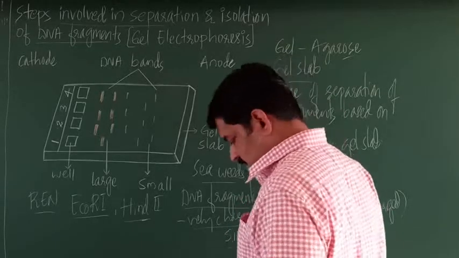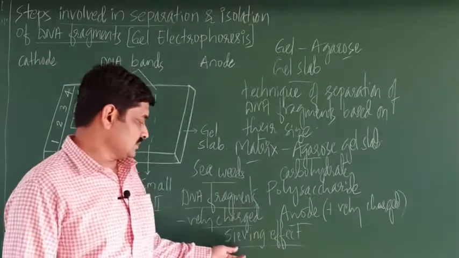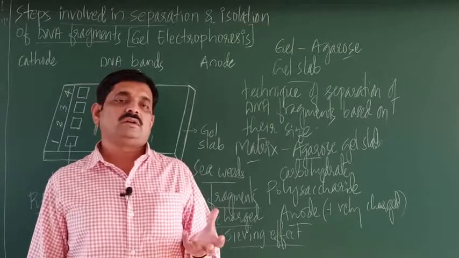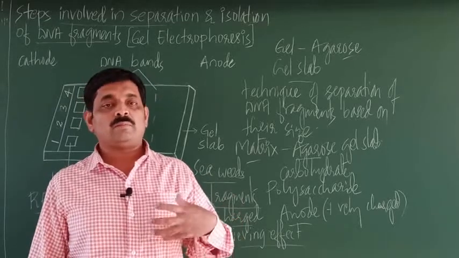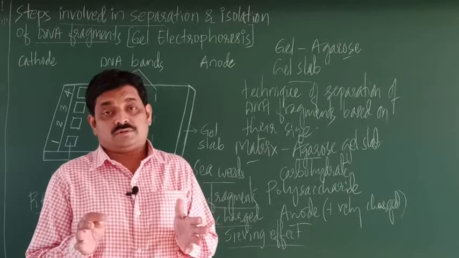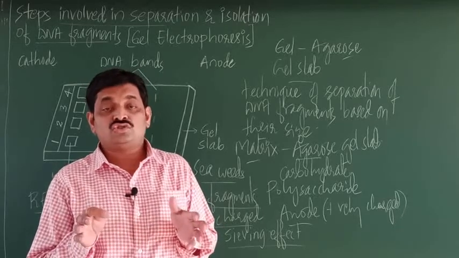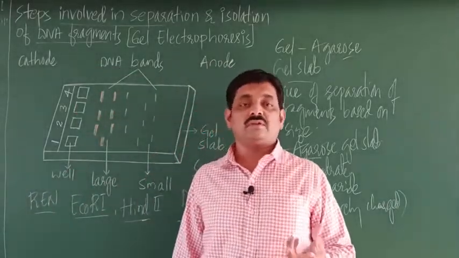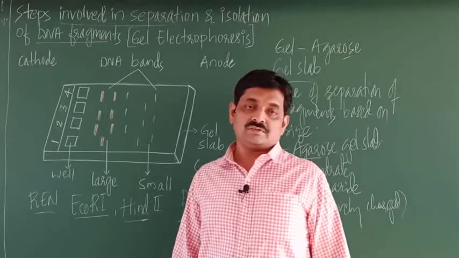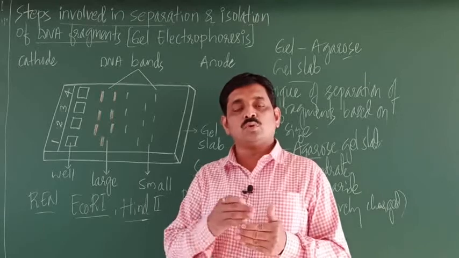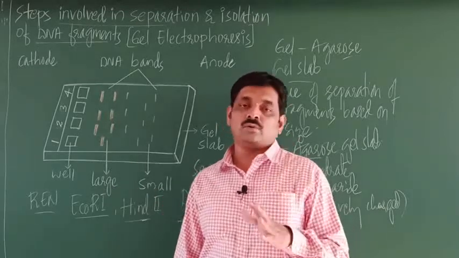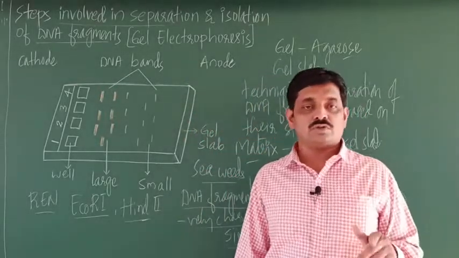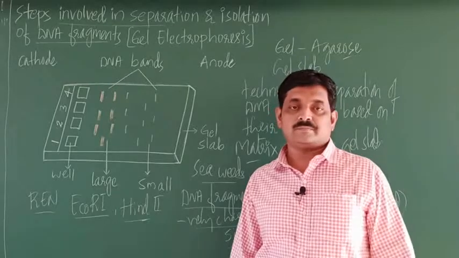So under the electric field, agarose gel produces a sieving effect, right? So sieving effect is similar to vibrations or vibratory effect. So these vibrations of the agarose gel cause the movement of DNA fragments. So DNA fragments now start to move towards the anode under the sieving effect caused by agarose gel under electric field.